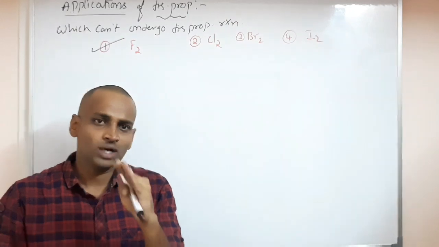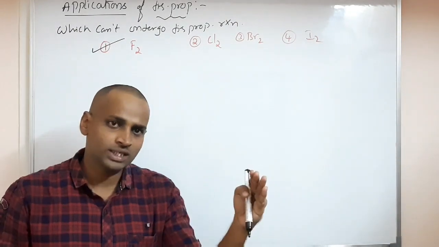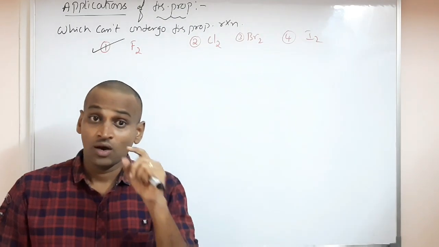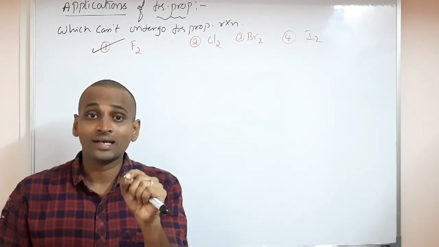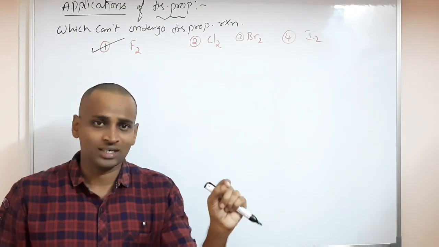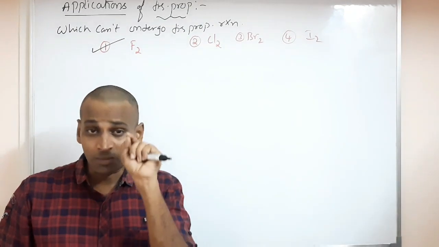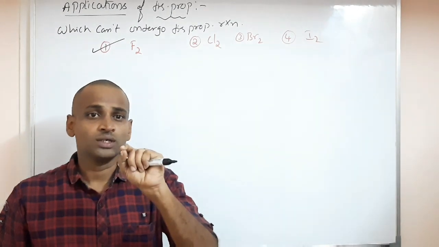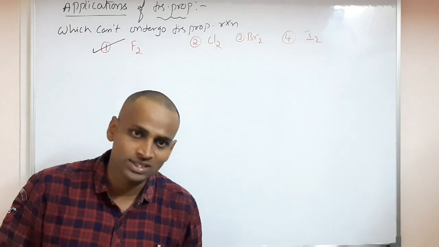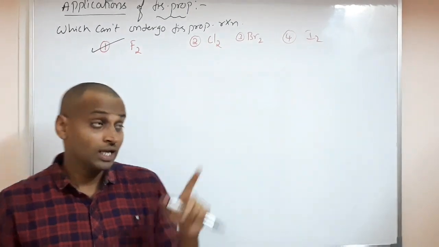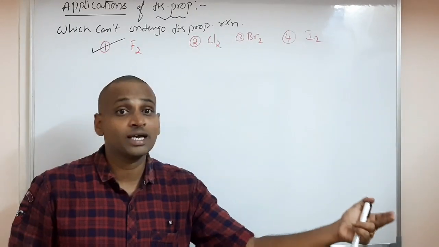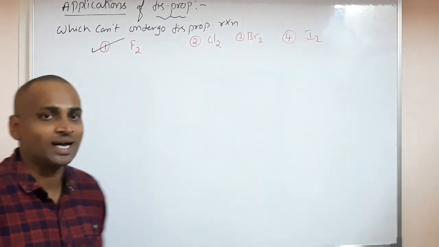Disproportionation means one atom should undergo oxidation and the same atom should undergo reduction. That means that particular atom should increase its oxidation state and also decrease its oxidation state. That means it should lose electrons and at the same time gain electrons. Both should happen.